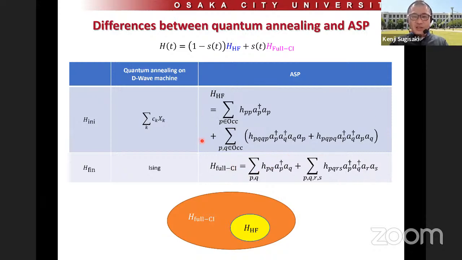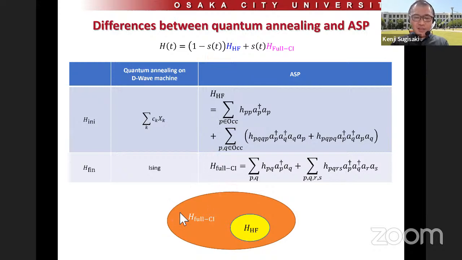So the coefficient for this Fock operator is fixed during the adiabatic state preparation. This part has the coefficient 1 regardless of the s(t) value.